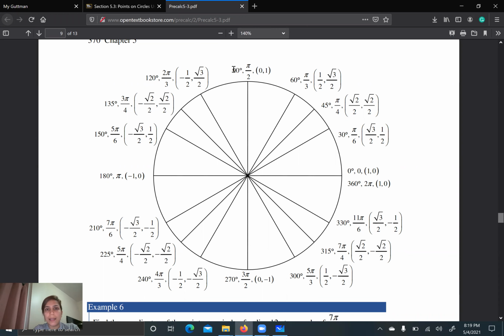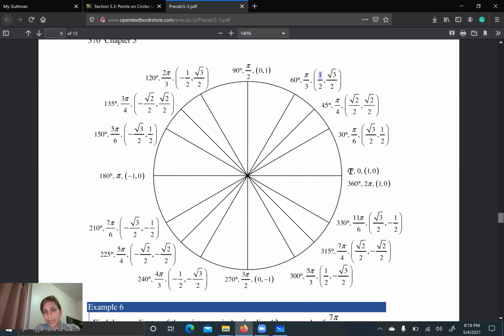For example, this shows you an angle of 90 degrees, in radians pi over 2, corresponding to x and y values of 0 and 1. Just recall that x is the cosine and y is the sine. So these x and y values are also the cosine and sine of theta. Recall that when you do the unit circle, the x value is the cosine, the y value is the sine.